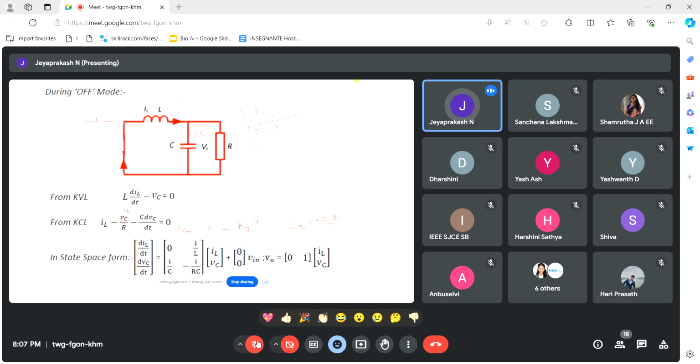So we have two modes, this is one mode and this is the other mode. What I am going to do is take the average of these two, so I am going to take the average of A1 and A2.